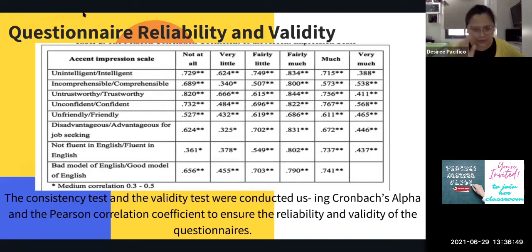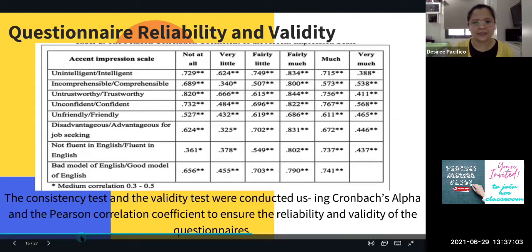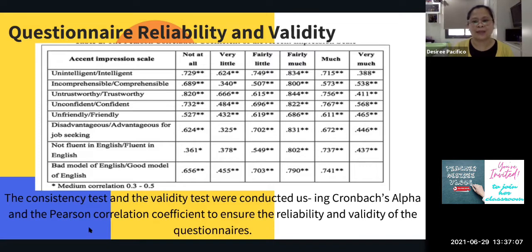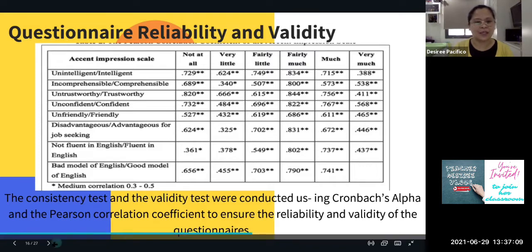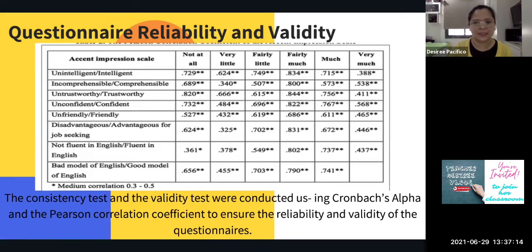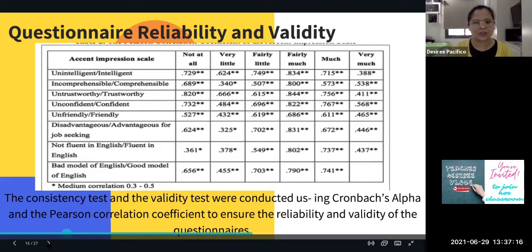I had forgotten to inform you that this study was participated in by 20 female Saudi students. The consistency test and the validity test were conducted using Cronbach's alpha and the Pearson correlation coefficient to ensure reliability and validity of the questionnaire.